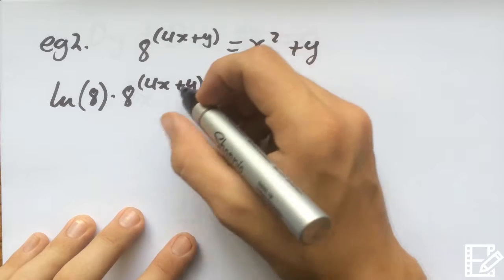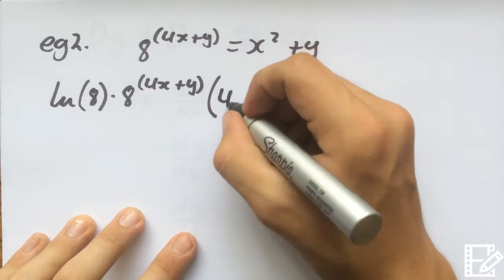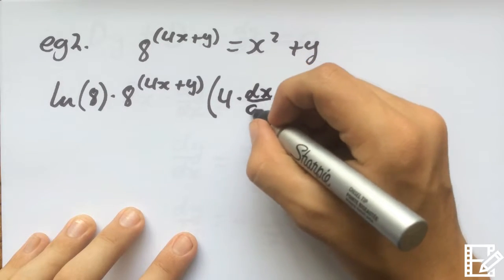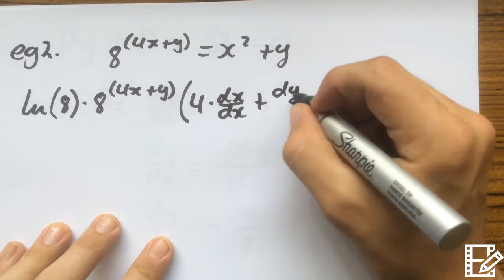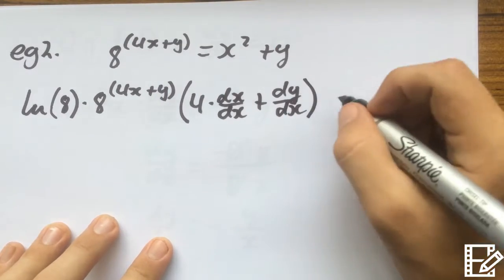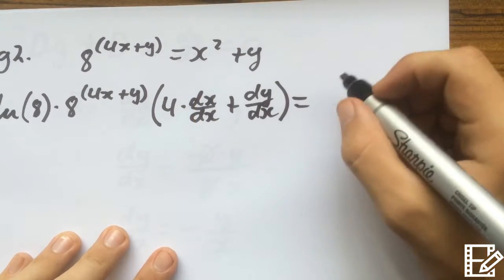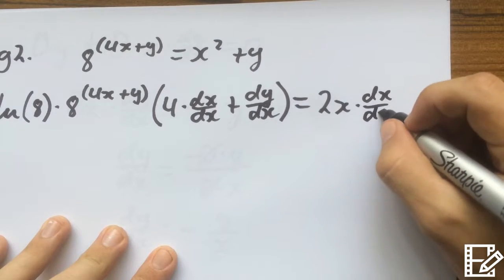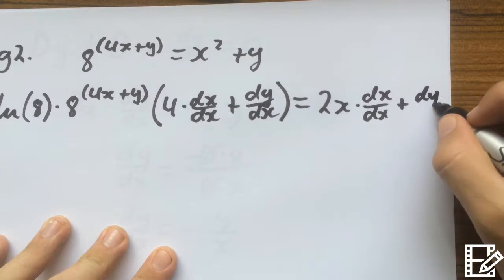Now we multiply that by the derivative of the inside. The derivative of 4x is 4 multiplied by dx on dx, plus the derivative of y with respect to x, equals the derivative of x squared, which is 2x multiplied by dx on dx, plus the derivative of y.